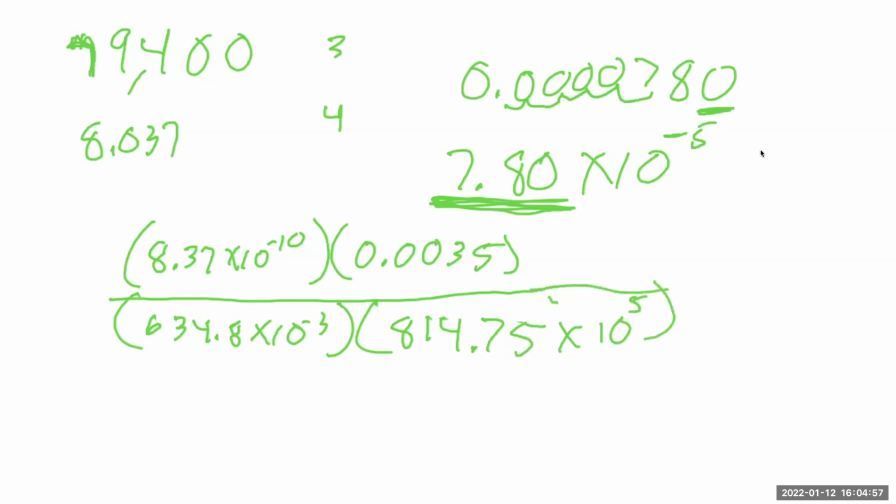Let's do that, and give the answer the right number of significant figures. Let me get my calculator, make sure we get the same number: 8.37 times 0.0035, divided by 64.8, divided by 814.75.